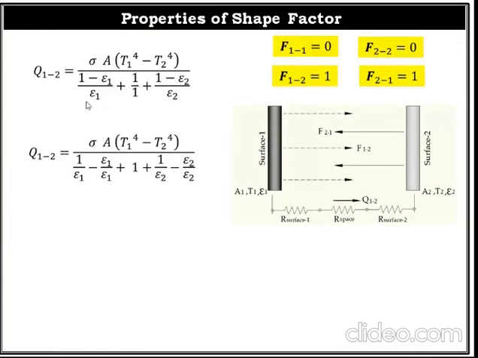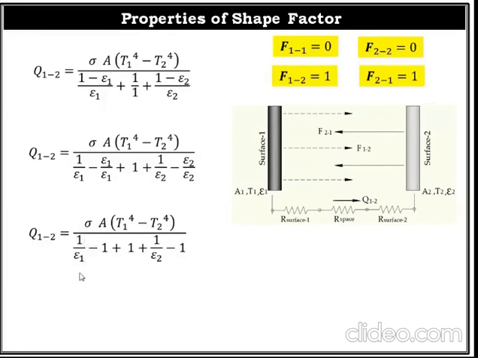Now separating this: 1 upon emissivity 1 minus emissivity 1 upon emissivity 1, and in this term also, 1 upon emissivity 2 minus emissivity 2 upon emissivity 2. The numerator remains as it is. In the denominator, 1 upon emissivity 1 minus 1, plus 1, plus 1 upon emissivity 2 minus 1.